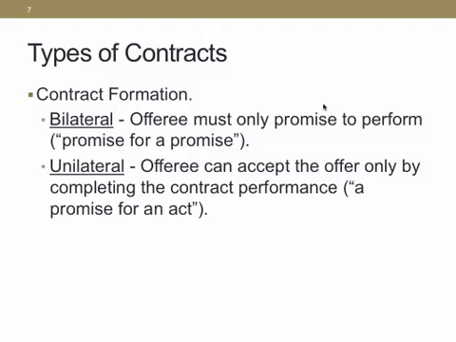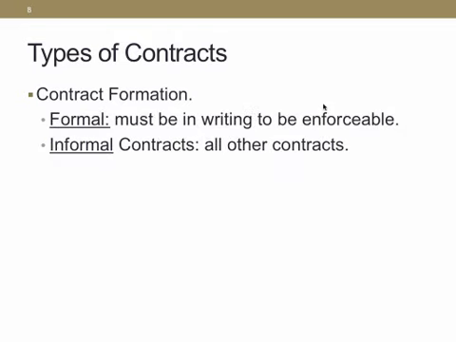In other words, a unilateral contract is a promise for an act. Formal versus informal contracts. A formal contract is a contract that has to be in writing to be enforceable. All other contracts are informal.